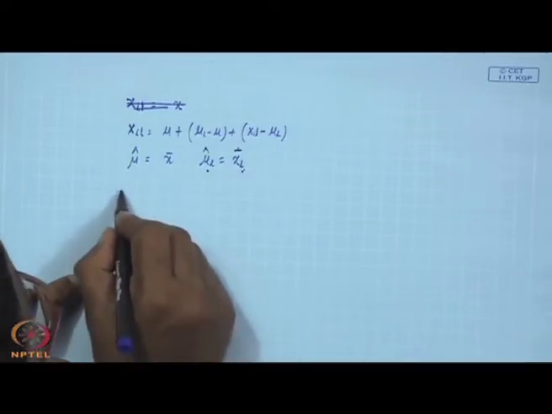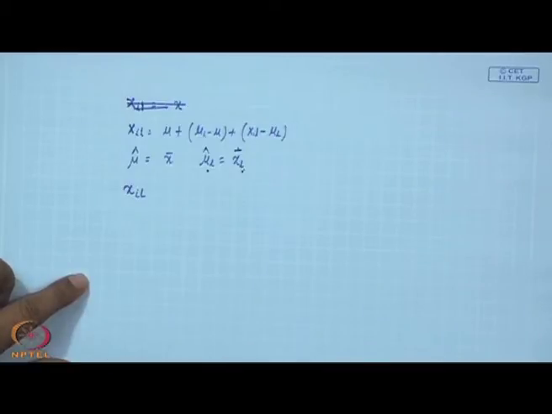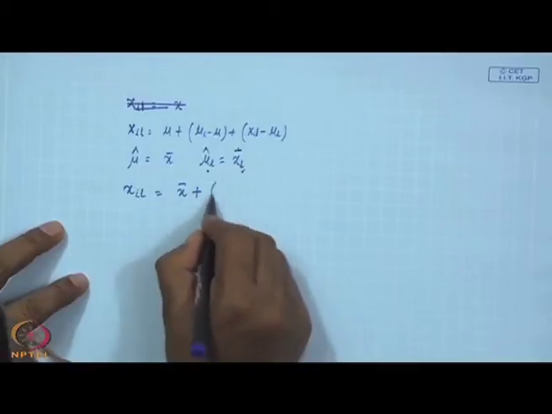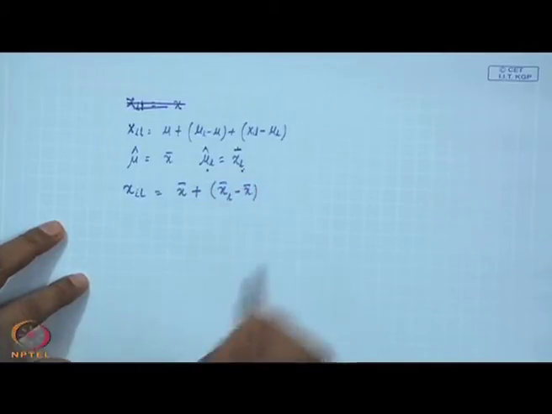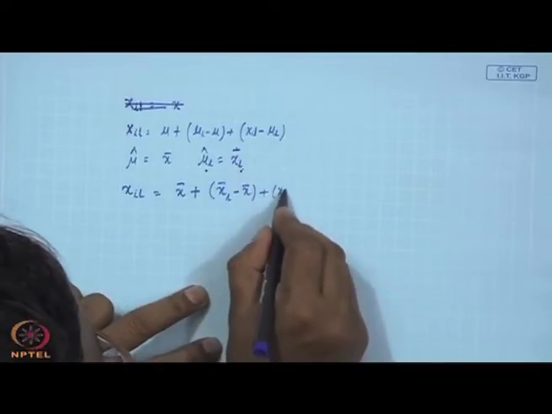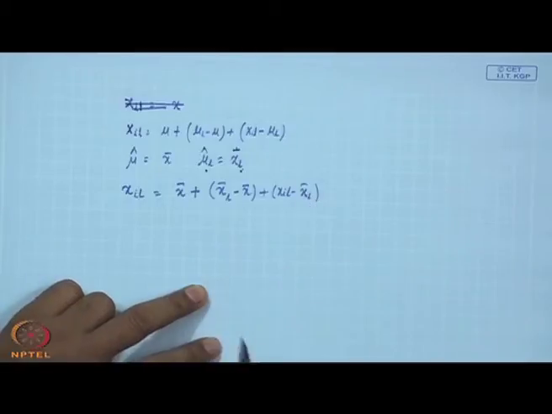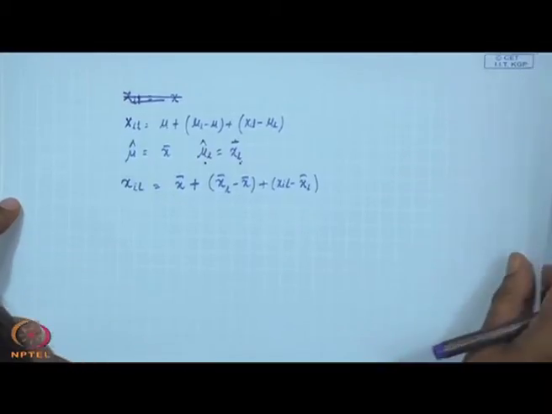So, now we are partitioning the sample observation x_il, which can be written like this: x bar plus (x_l bar minus x bar) plus (x_il minus x_l bar), that we have seen earlier. So, same thing is possible here in MANOVA.